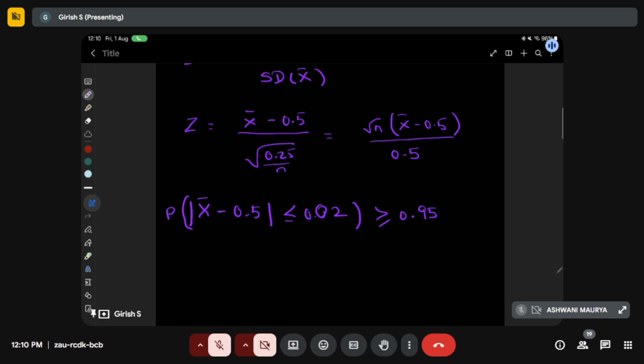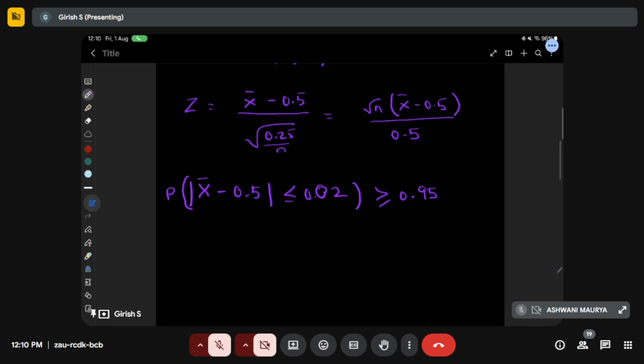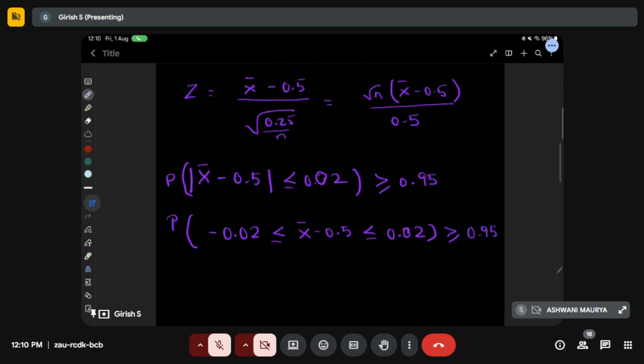This question I just write as a mathematical expression here. Now, if I can expand this, like this is modulus, so I can write that as below.